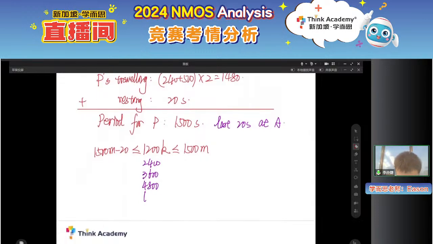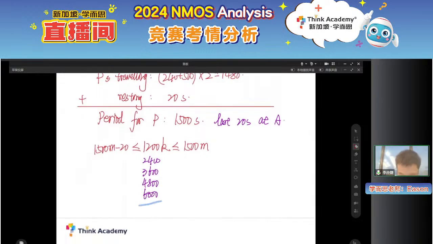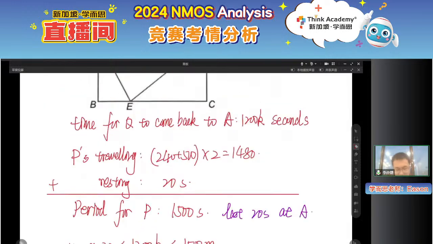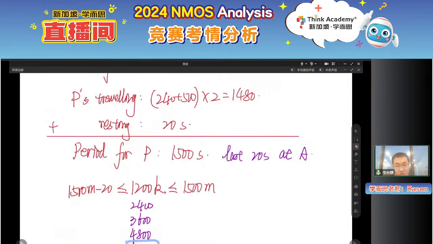But actually, we can just use the LCM of 1200 and 1500, which is 6,000. So at 6,000 seconds, P and Q are both at point A. Actually, this one is easier than I expected because it just uses the LCM.